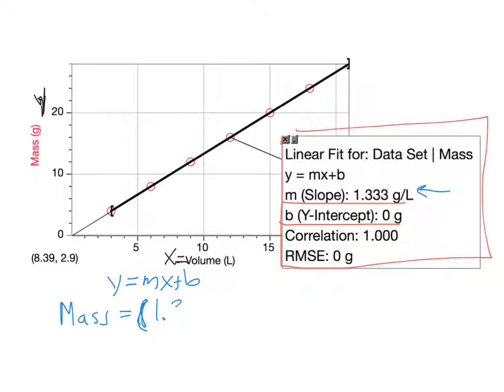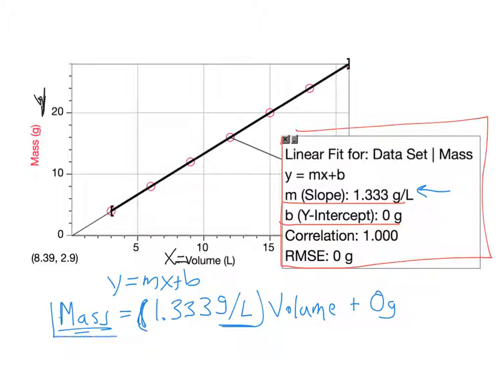And yes, on a quiz or test, I will require you to include these units here. And also, you write out the words, please. Our x is volume. And then our b is 0 grams. Okay? And there you go.